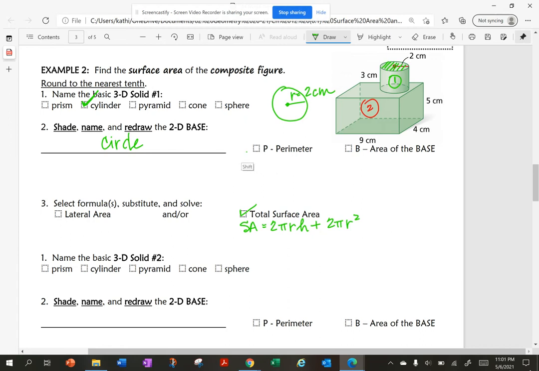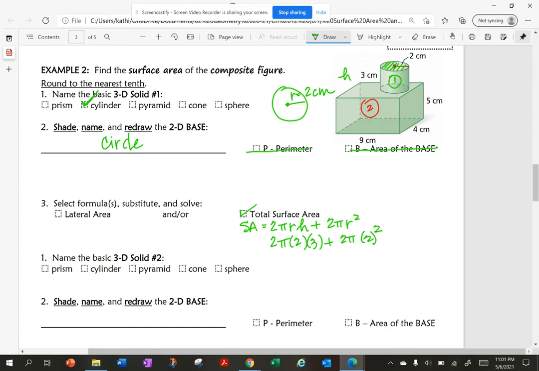I do not need to find the perimeter or the area of the base, so I'm just going to substitute these in directly. So 2 pi, my radius is 2, the height of my cylinder is 3, plus 2 pi, my radius 2 squared.